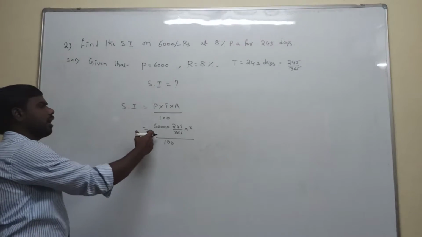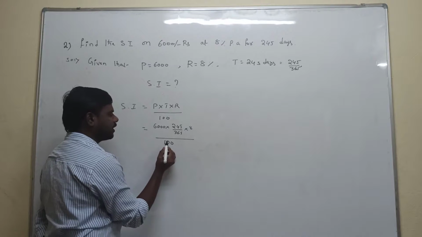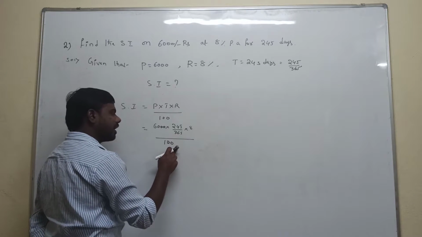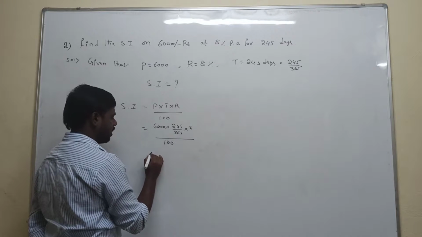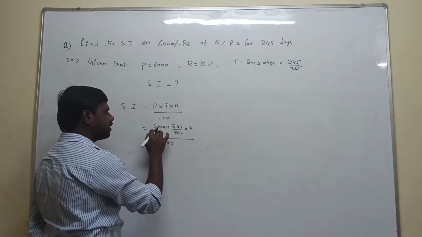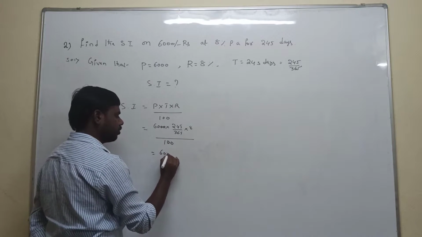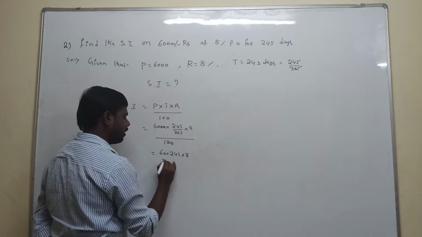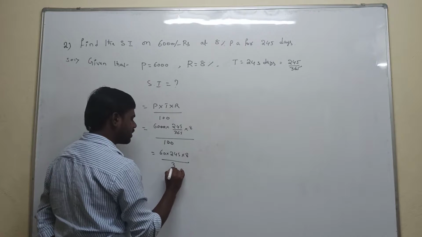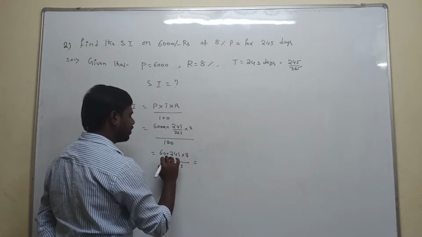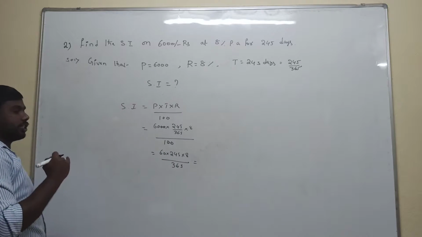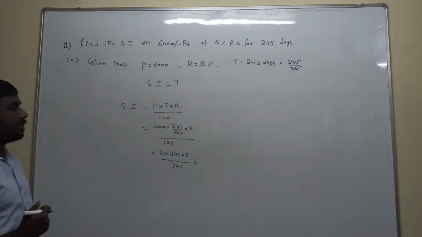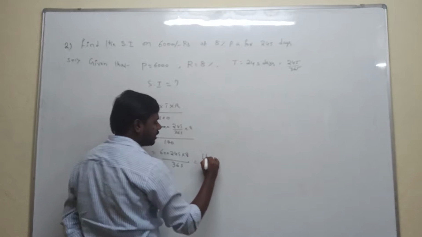Now we substitute the PTR values. The principal amount is 6,000 rupees, into the time 245 divided by 365, into the rate of interest 8% divided by 100. Now cancellation: these two zeros cancel. We can write the numerator as 60 into 245 into 8, divided by the denominator 365. Now the product of the numerator values, 60 into 245 into 8, is 11,760.